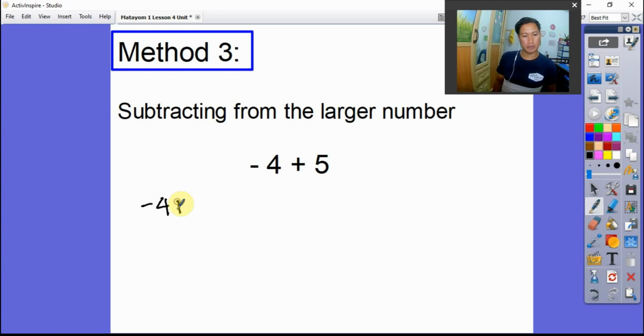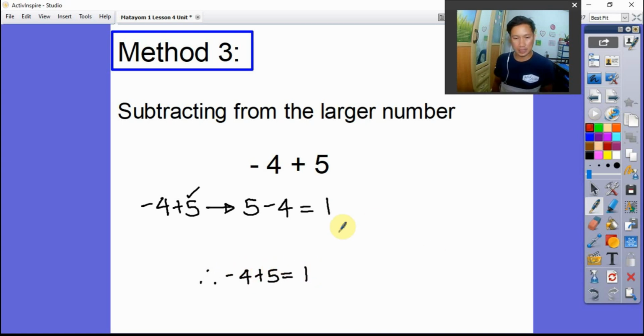You will have -4 plus 5 here. Instead of using an equal sign, we're going to use an arrow. Now we have to identify the larger number, 5, and we'll subtract the smaller number. So 5 minus 4 is equal to 1. Now we rewrite the sentence, therefore -4 plus 5 equals 1.